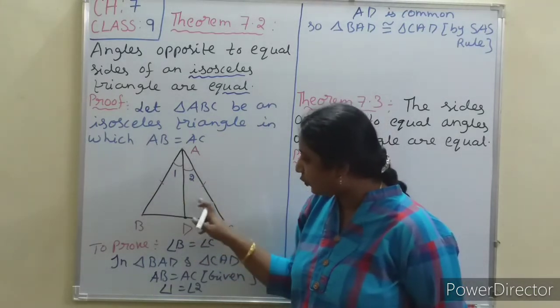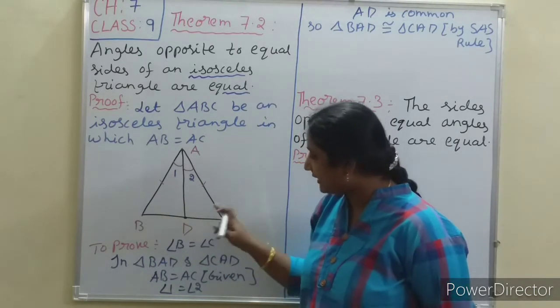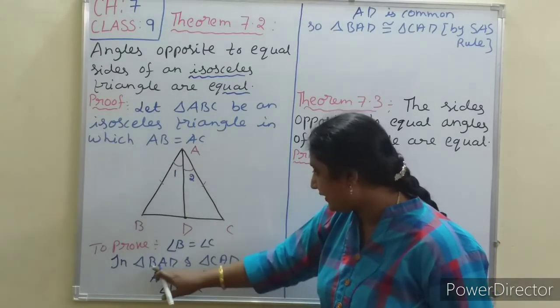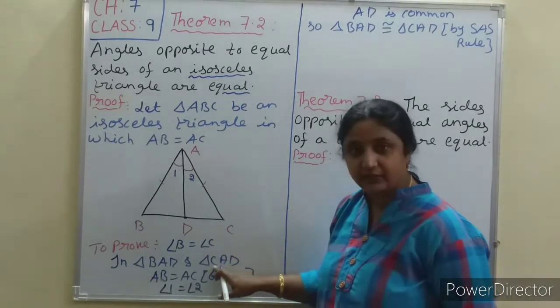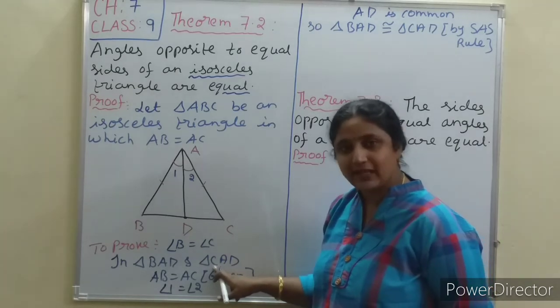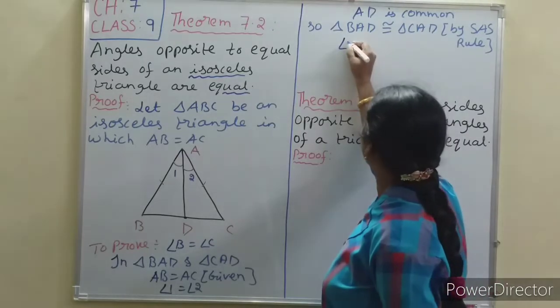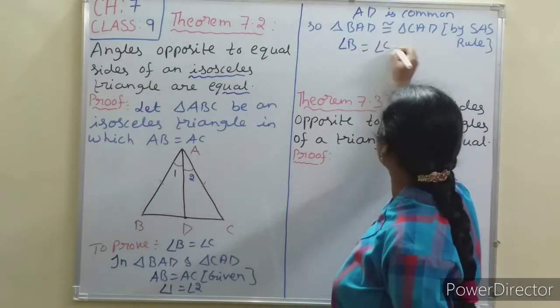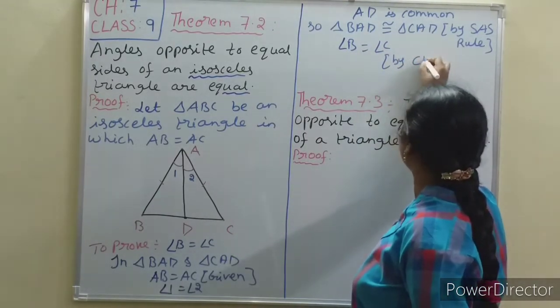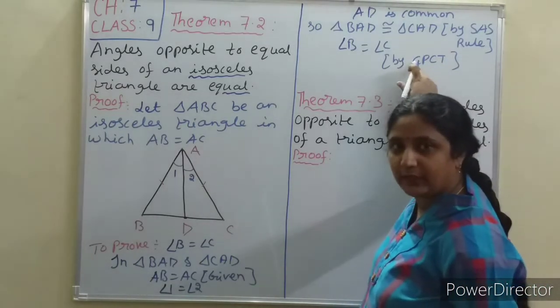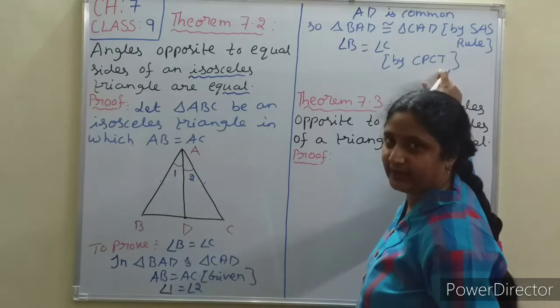Then when these two are congruent, these two angles, B and C, are also corresponding angles, so these two are also equal by CPCT. Angle B equals angle C by CPCT, corresponding parts of congruent triangles.